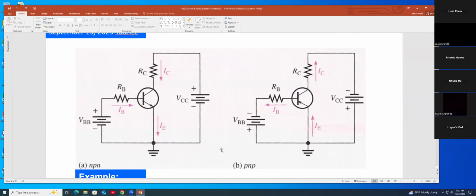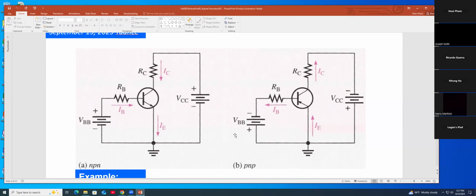Now if you're looking at the circuitry here, at the base you get the DC voltage, VBB, and at the collector you get the VCC. And then you can see the difference between NPN and PNP.